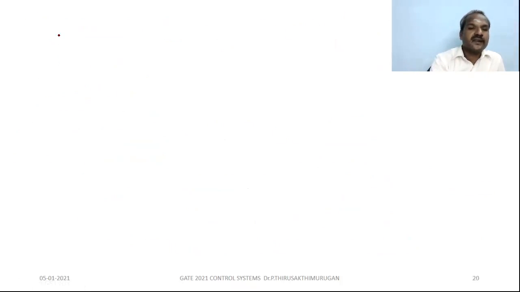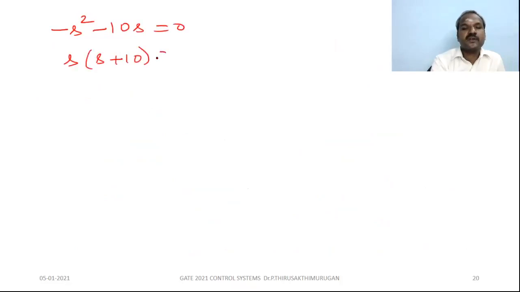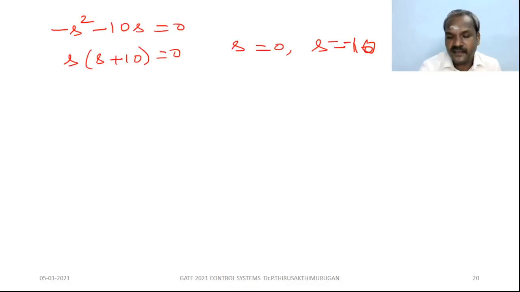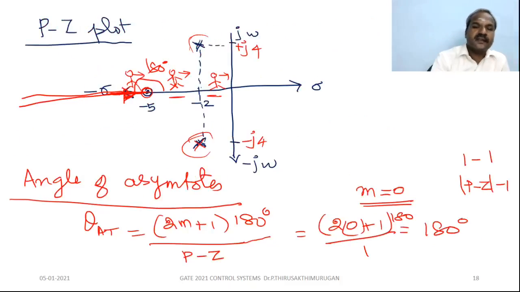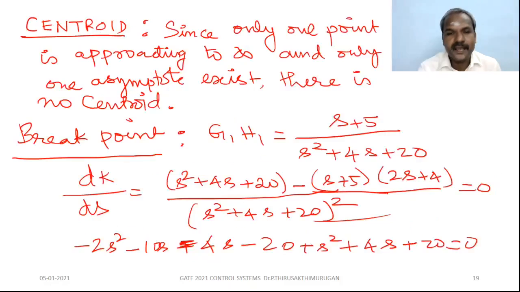So what are we getting? Simplifying, we get s square plus 10s equal to 0. So taking s common, s into s plus 10 equal to 0. So s equal to 0 and s equal to minus 10. The s equal to 0 means there is no branch at s equal to 0, so s equal to 0 is not a valid breakpoint.